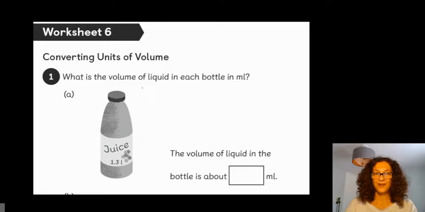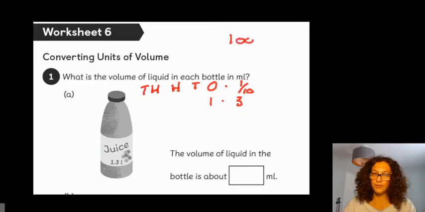So again, I hope you used your place value chart and you had thousands, hundreds, tens, ones, and tenths. And we had 1.3. We are multiplying by 1,000, which has got 3 zeros. So we're moving 3 spaces to the left. So let's go. 1, 2, 3.